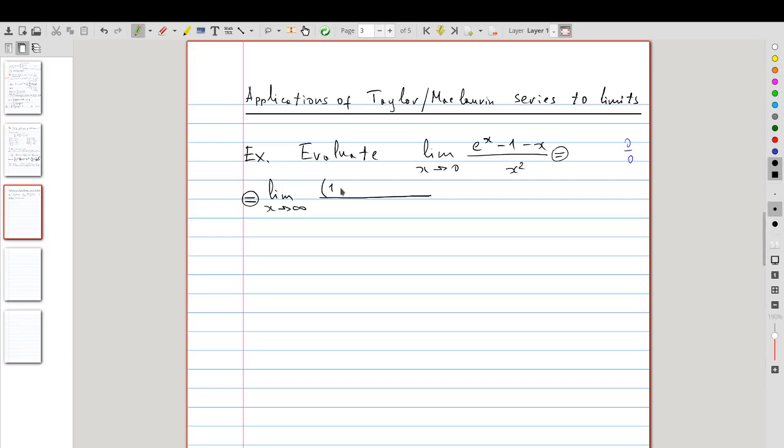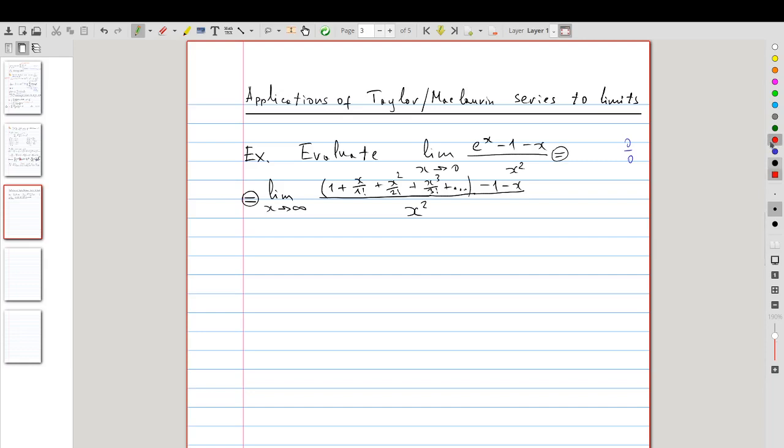It starts with 1 plus x divided by 1 factorial, that is x, plus x squared divided by 2 factorial, plus x cubed divided by 3 factorial, and so on. So this is an infinite power series that starts off like so. And then we will subtract 1 and x and divide this difference by x squared.